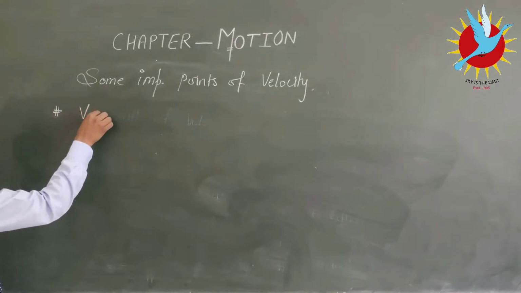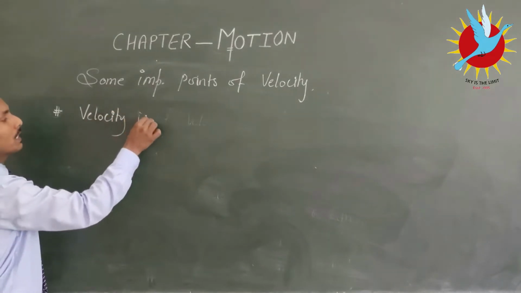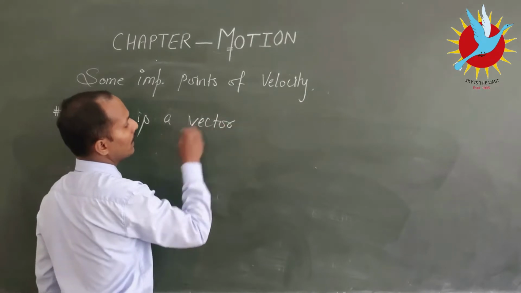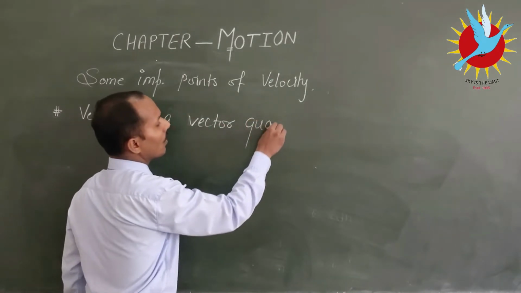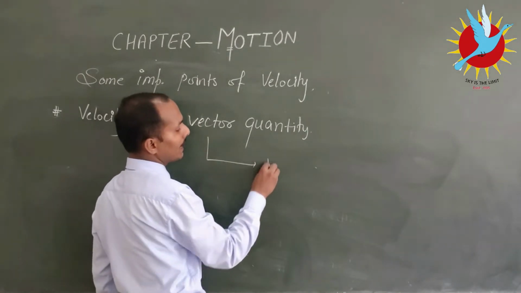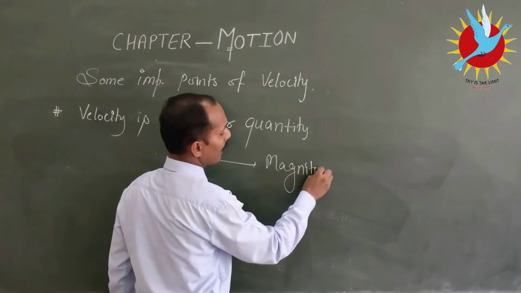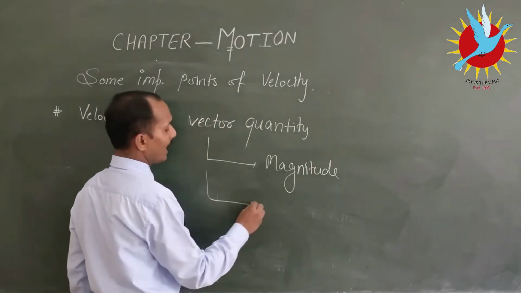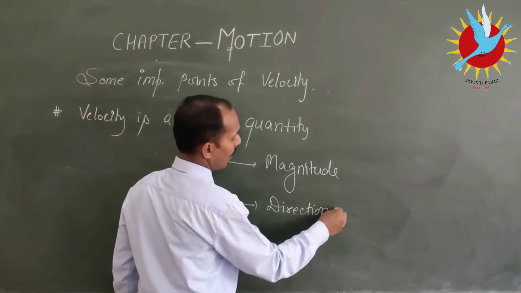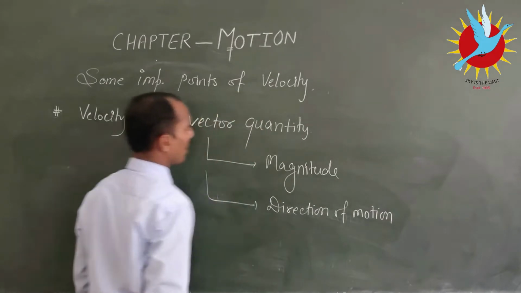Next point is velocity is a vector quantity. It means it has magnitude as well as direction of motion.